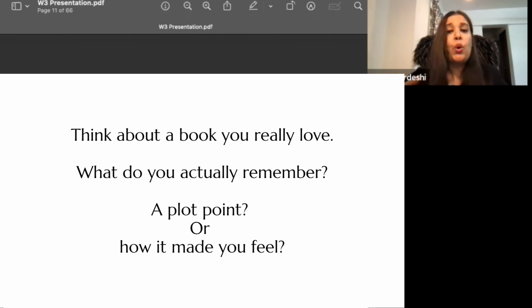A plot point or how it made you feel? Was it the exact mechanics of the plot? Or was it the emotional devastation, the longing, the atmosphere, the emotional tension between characters, the grief, the vulnerability, or the emotional ache? That emotional memory is what we are trying to create during revision.